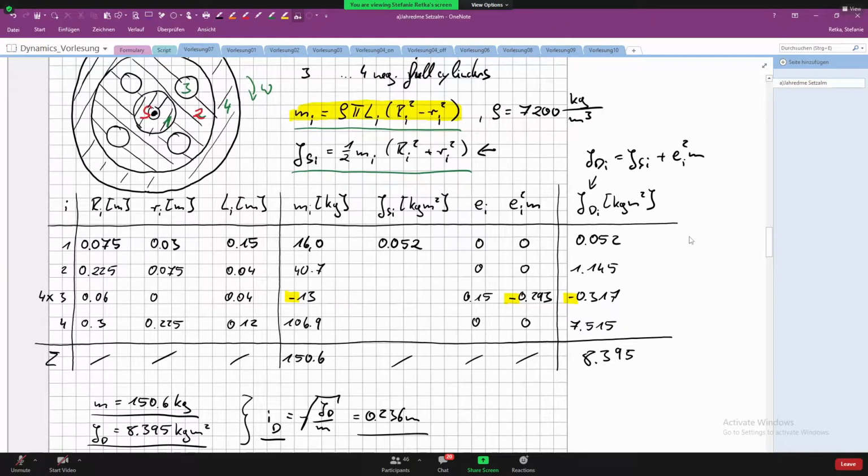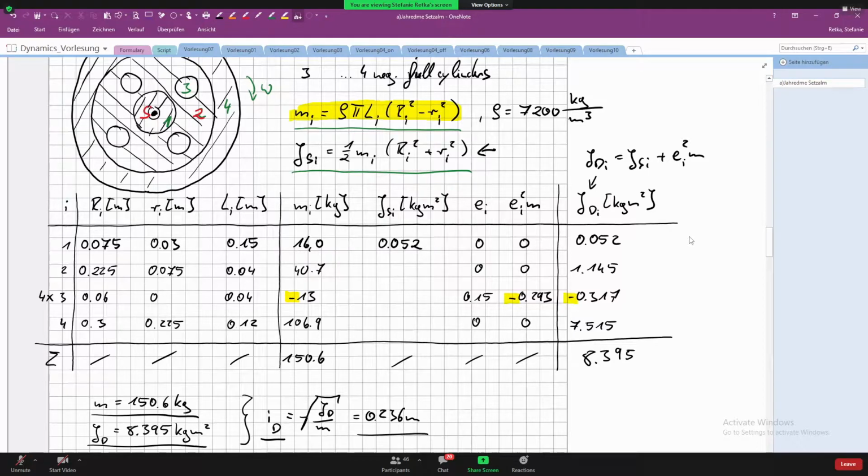Then we also had to compute the radius of gyration, which is 0.236, the square root of JD over M. And we had to compute the share of the annulus on mass and mass moment of inertia.